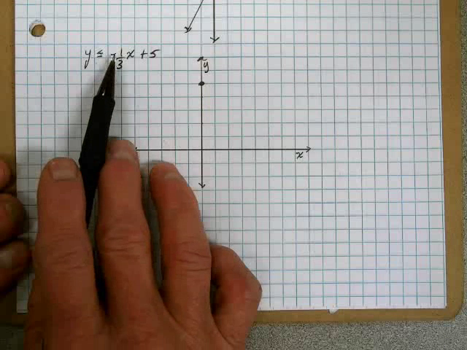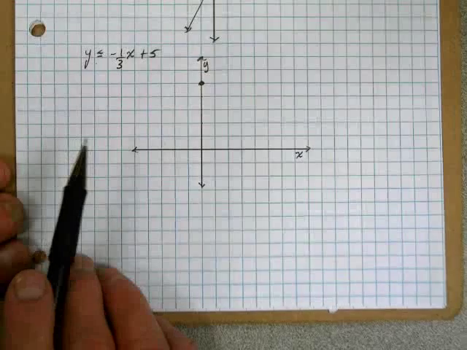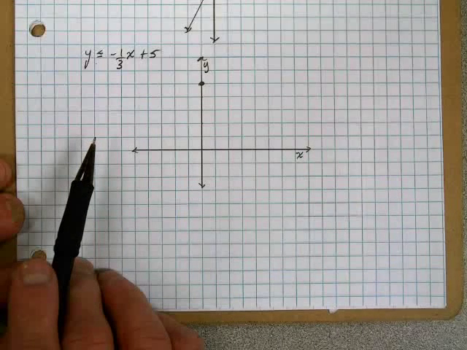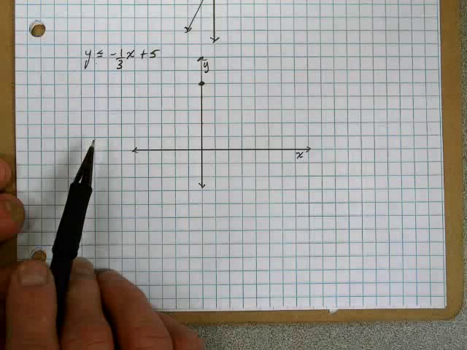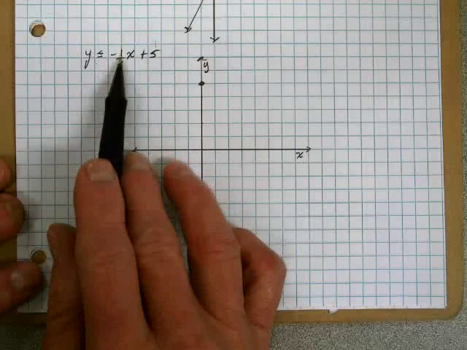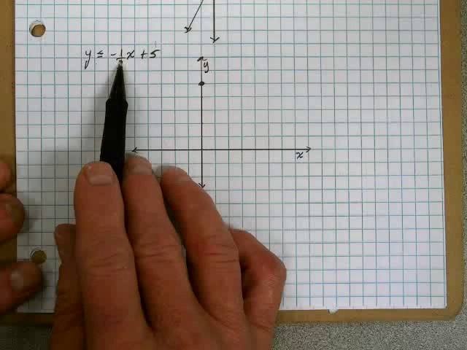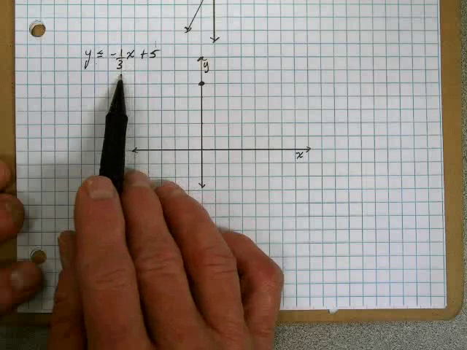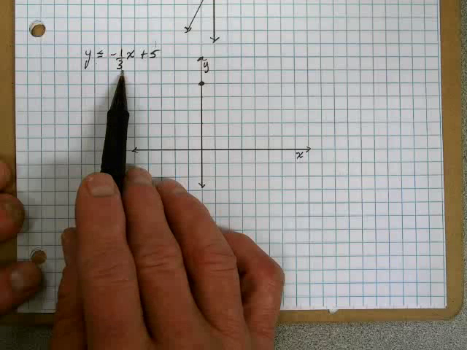Same concept. I think delta y over delta x is probably a little more sophisticated way to describe that notion of slope, so we'll use that. So delta y in this case is negative 1.